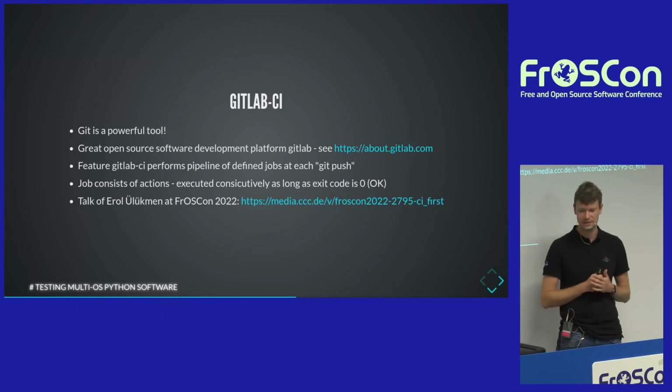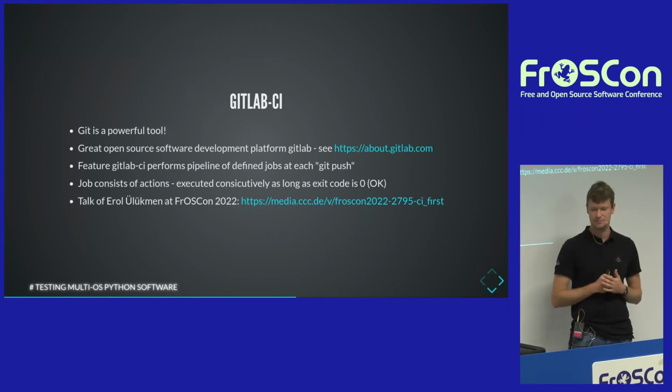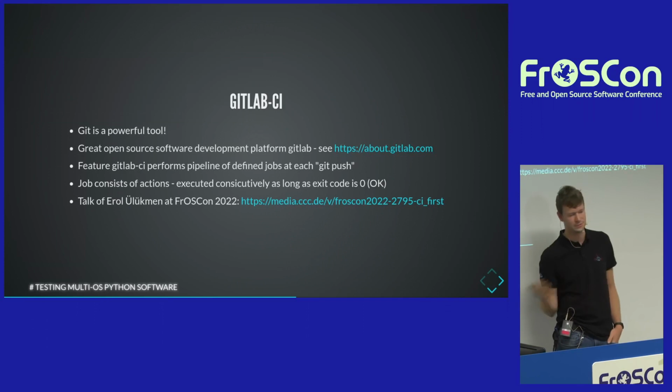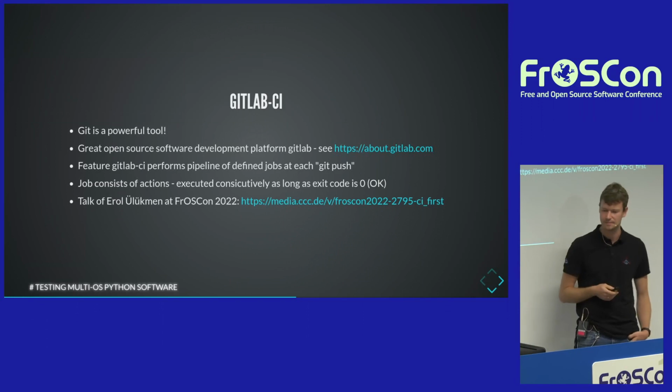And you can define this as kind of a shell script, and this is executed every time, line by line, as long as the exit code of the previous command is 0. So as long as everything is okay, it continues, and if anything is not okay, then it breaks and it counts as failed, and you get a notification.